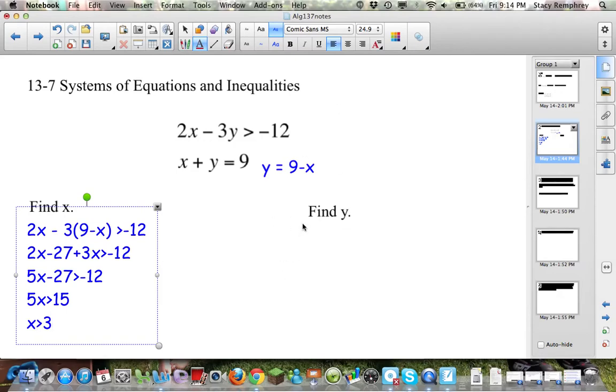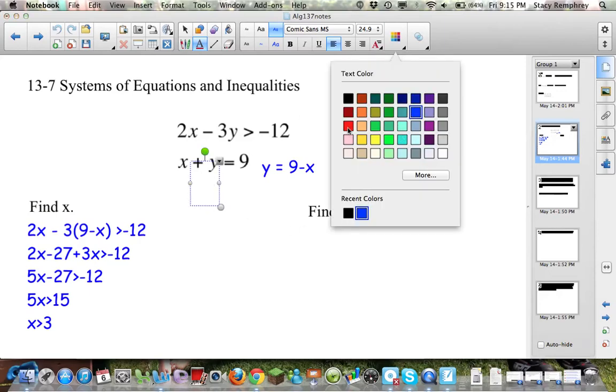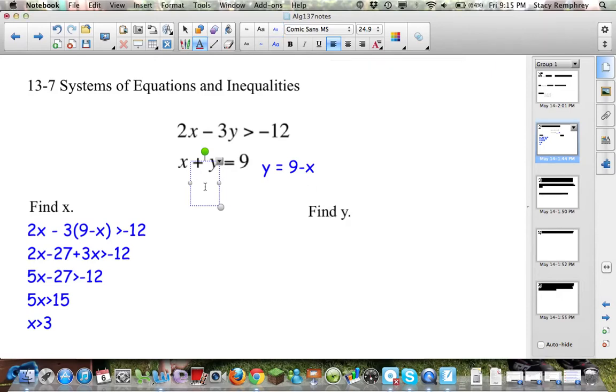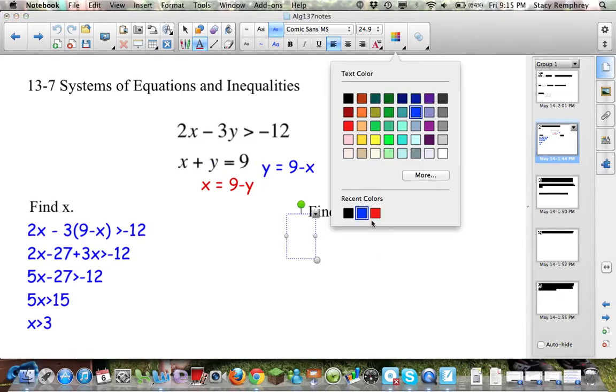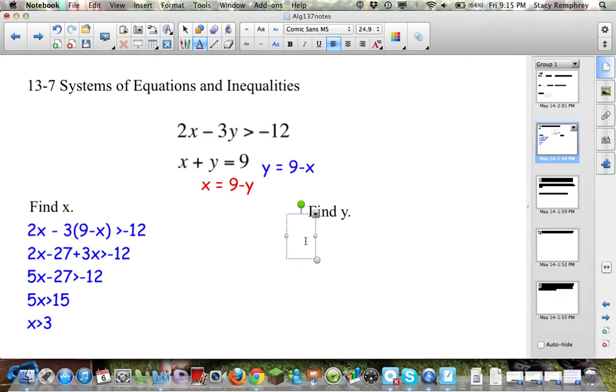For y, to start, I'm going to come over here. I'm going to try and change the color here so we don't get too confused. And I'm going to solve for the other one. I'll solve for x so that when I plug it in, I only have y's left. So again, the equation always goes into the inequality.